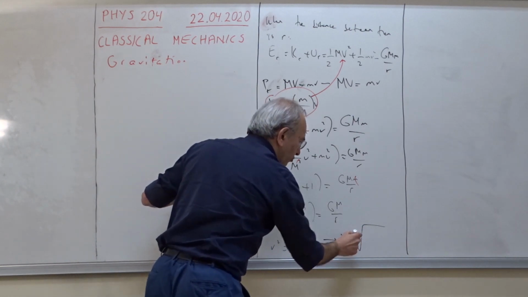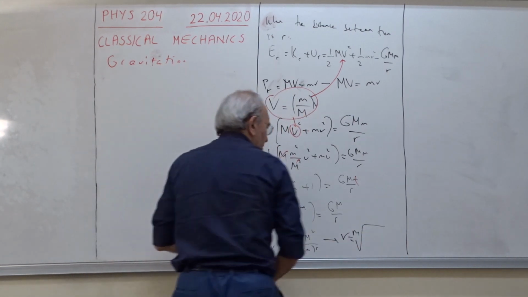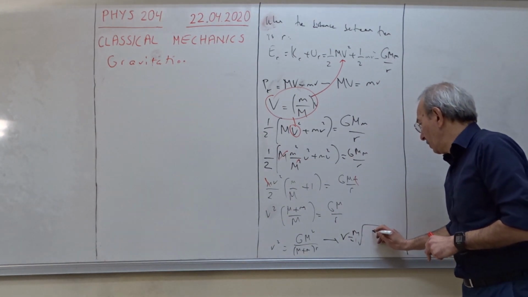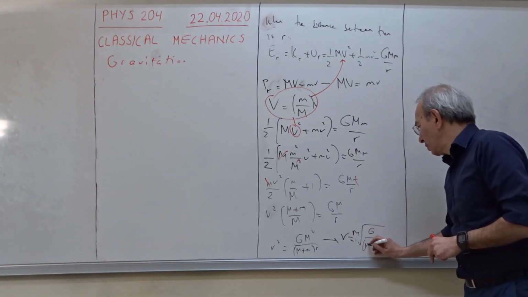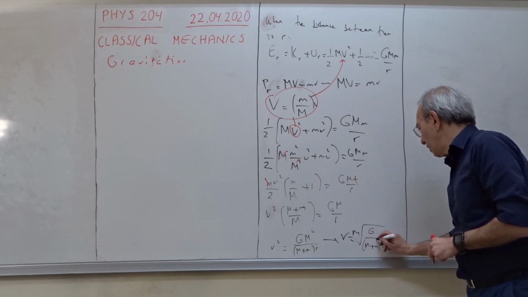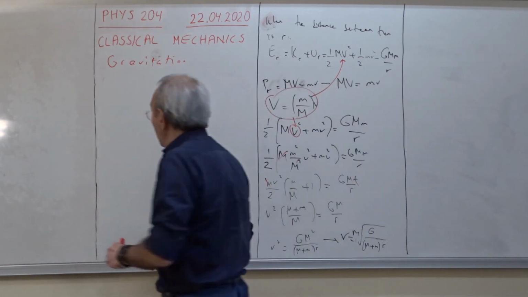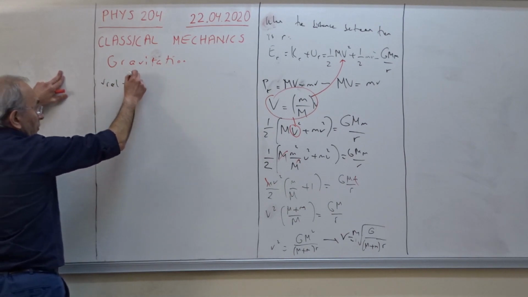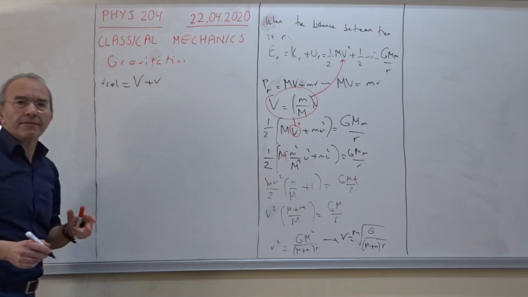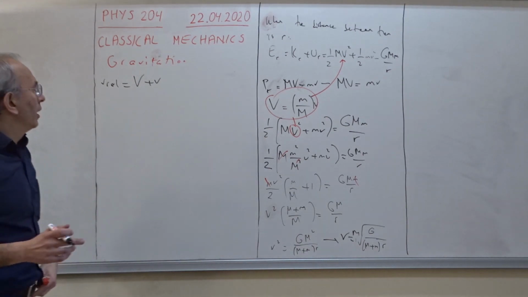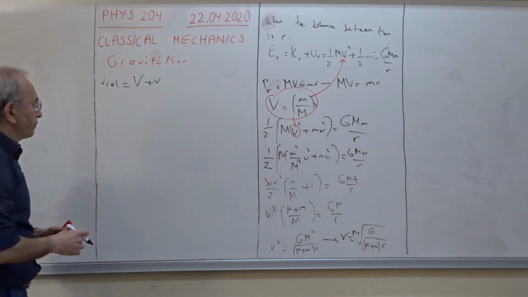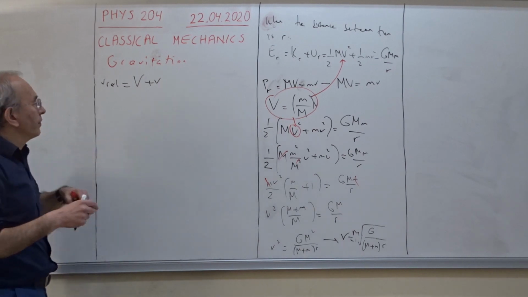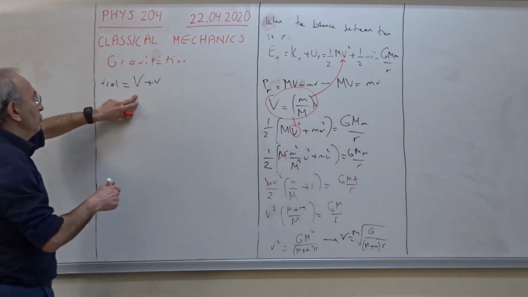We can take m outside, it's a square. So inside the root, we have capital G over M plus m times r. But V relative, we are still in part A, V relative is capital V plus little v. It is the sum of the two absolute values, because since they have opposite directions, we have to add them up to find the relative value.